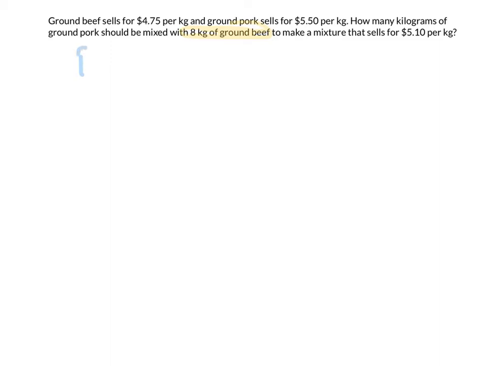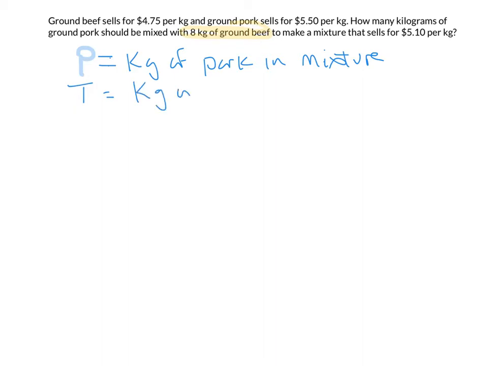So we'll make P equals the kilograms of pork in mixture, and we'll make T the kilograms of total mixture. Okay, so that'll be beef and pork combined. Since we do know that there's 8 kilograms of ground beef.